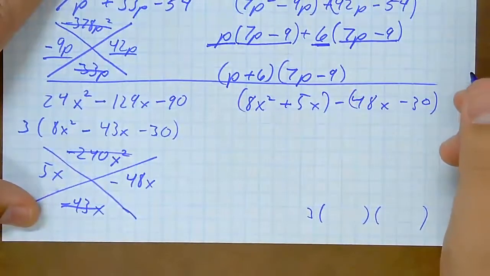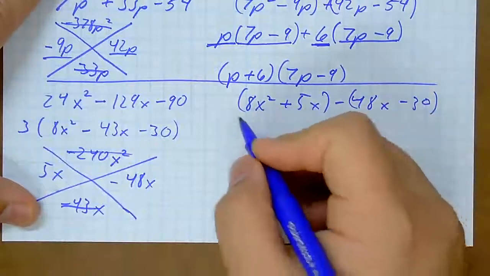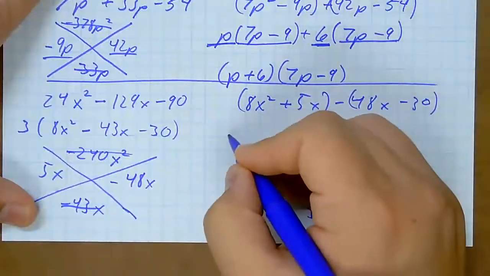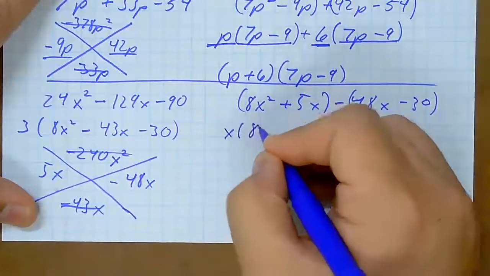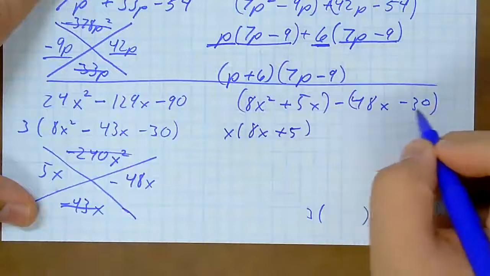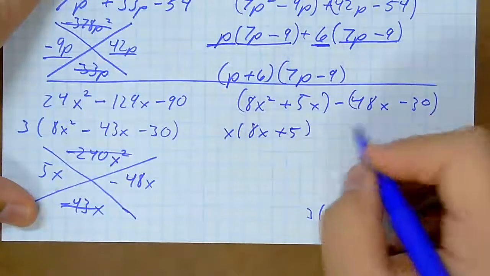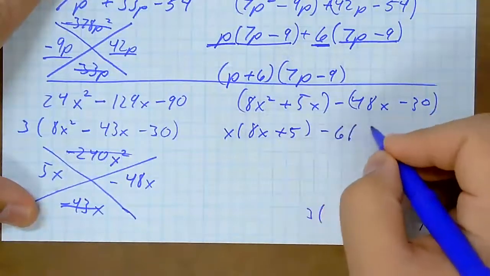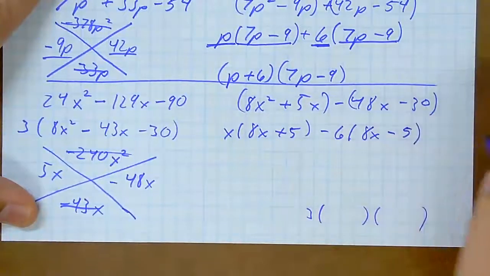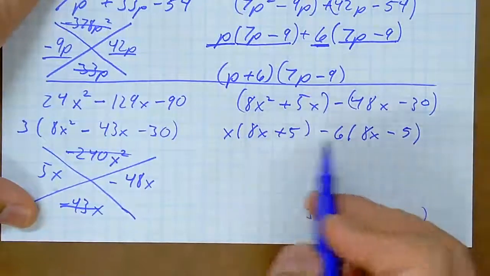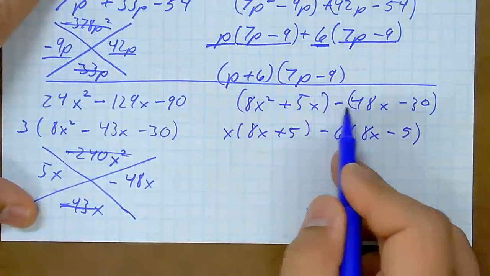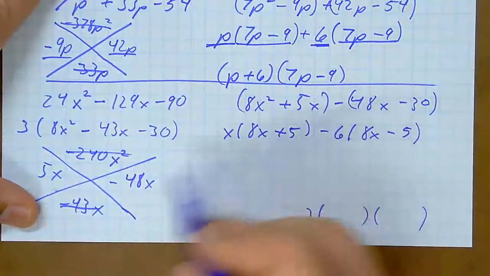We'll circle back to it. We find our GCF of our first group. We end up with x times 8x plus 5. GCF of our second group is 6, so minus 6 times 8x minus 5. These don't match, okay? That's because of this negative sign right here.